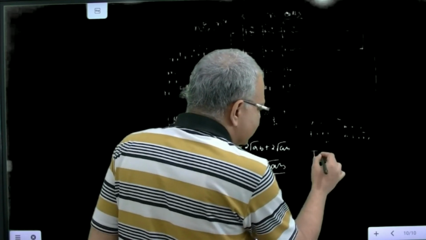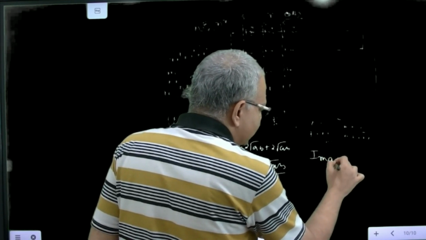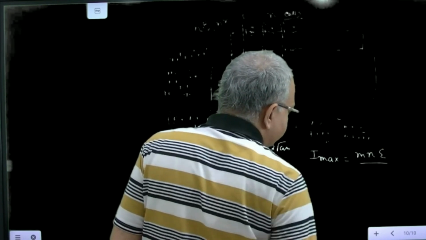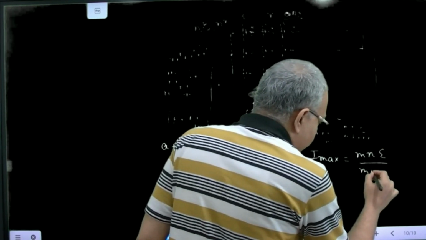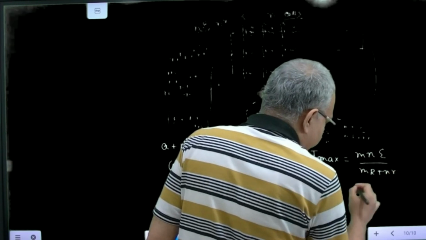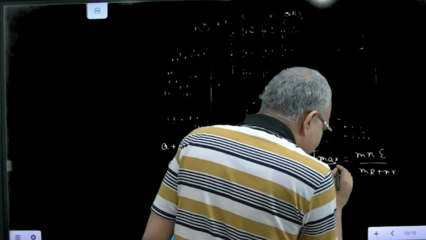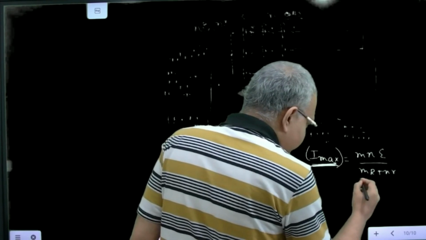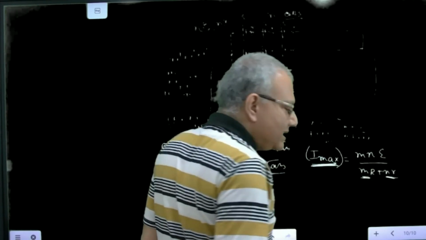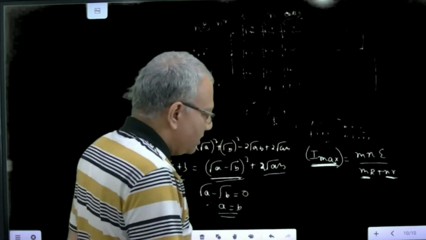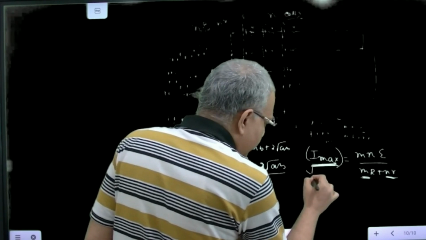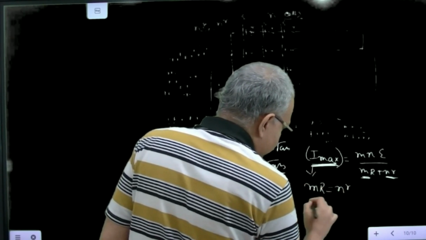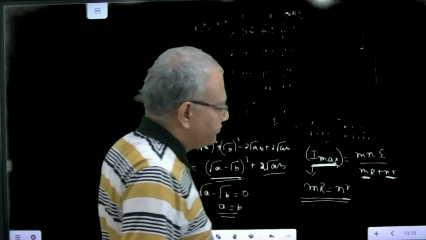Therefore I can write like this way: for the maximum current I max, I can write m into n into e divided by mr plus nr. When will the current be maximum? When these two are equal. So the condition is that mr is equal to n.